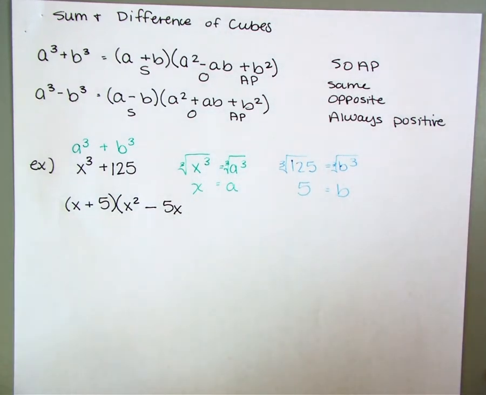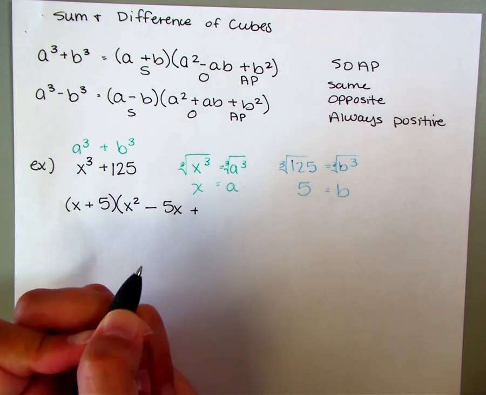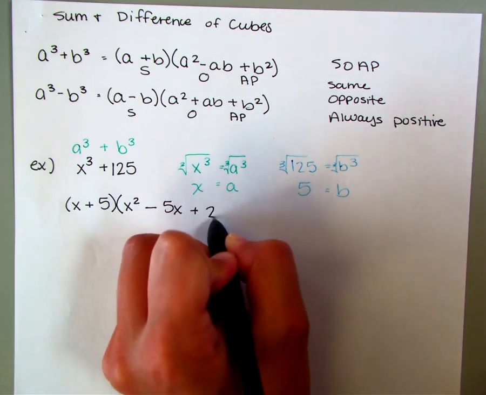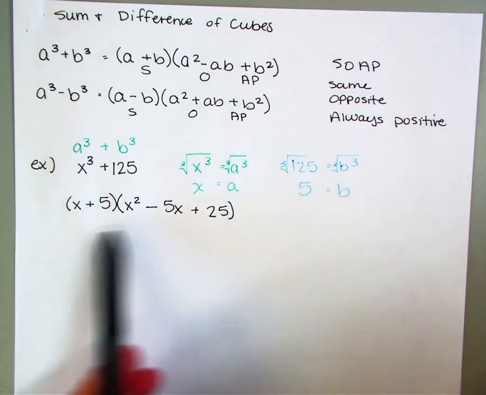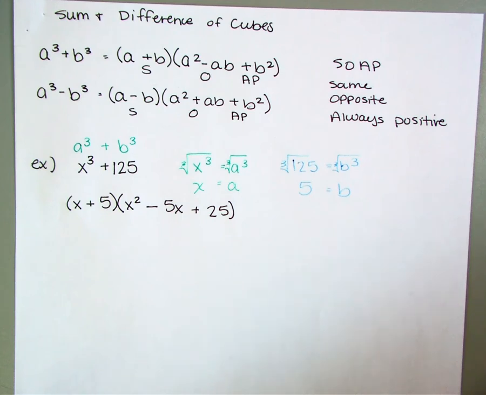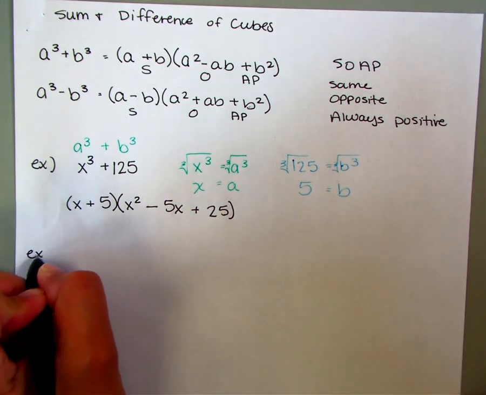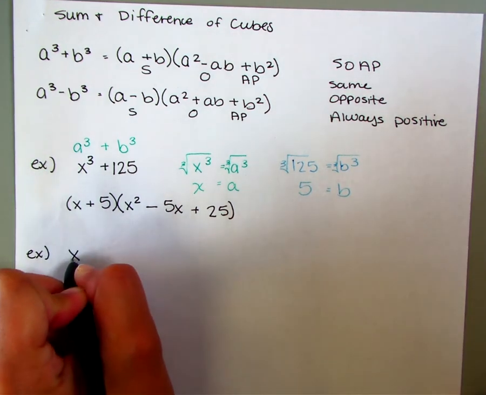We'll just go ahead and swap it so that the coefficient is a number. And then we've got plus b squared, so plus 5 squared is 25. And so that is your perfect cube factored.